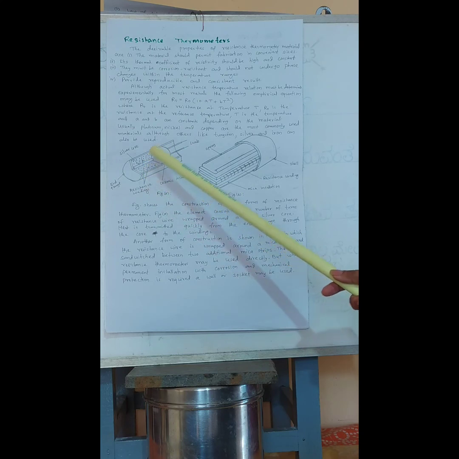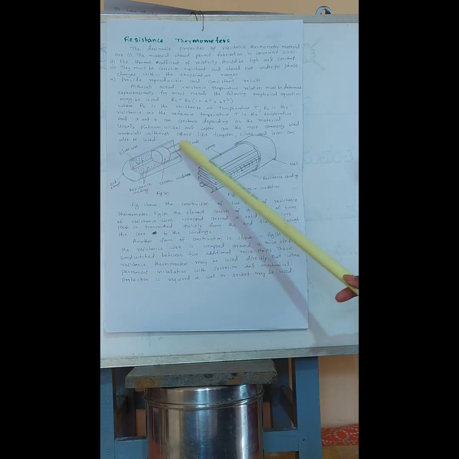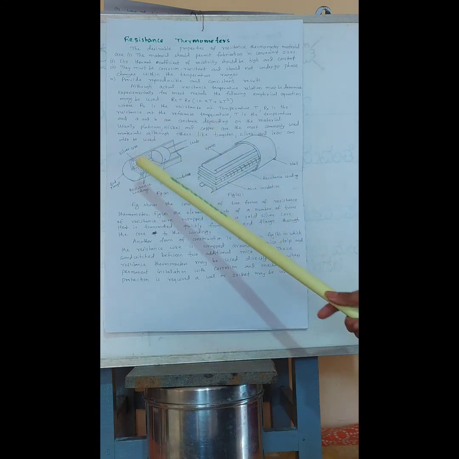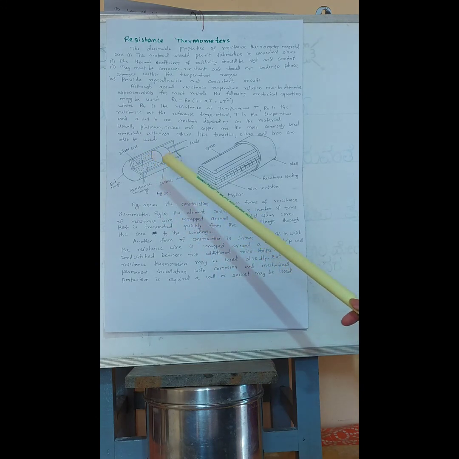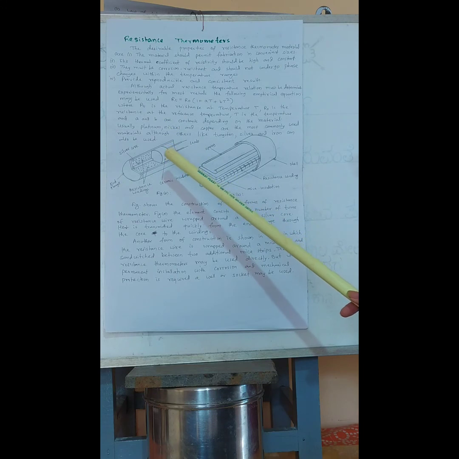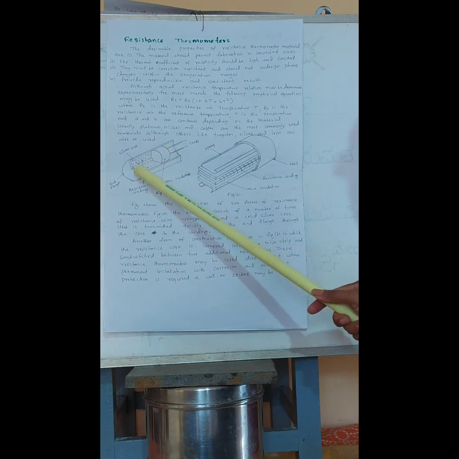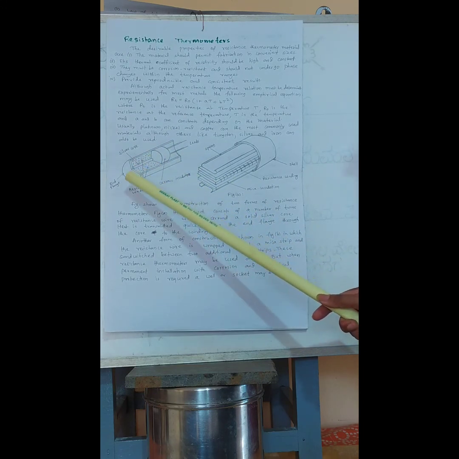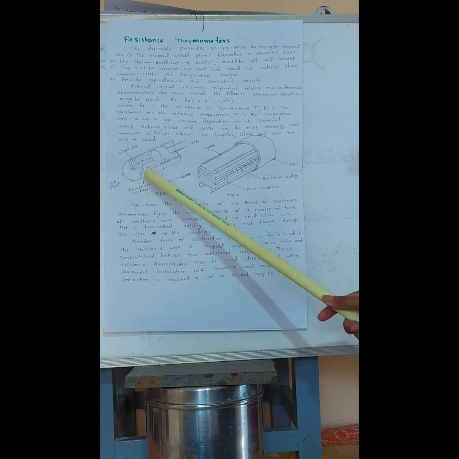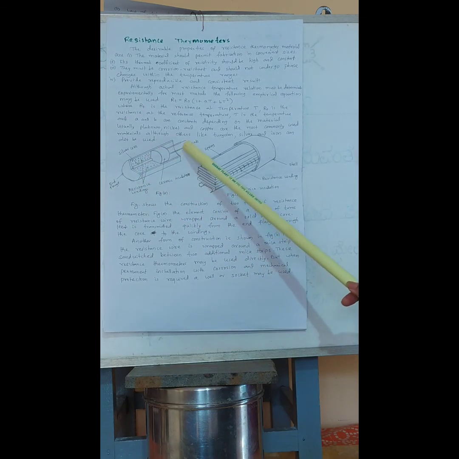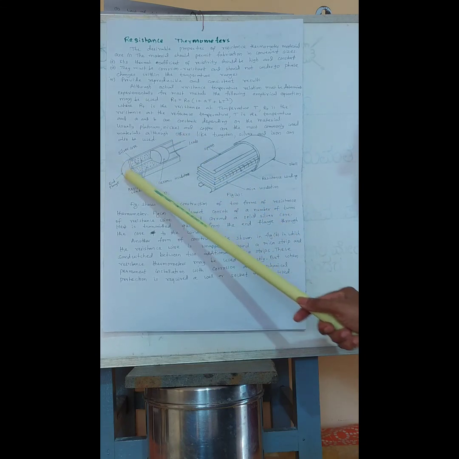Here the two types of resistance thermometers are shown. Figure A shows the construction of one form of resistance thermometer. The element consists of a number of turns of resistance wire wrapped around the solid silver core. This is the solid silver core, this is the resistance winding wrapped around the ceramic insulator, leads to the leads, and this is the end flame.